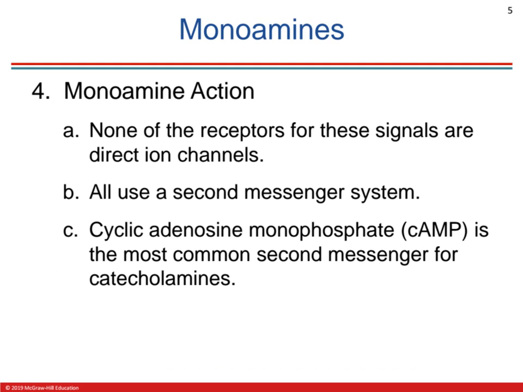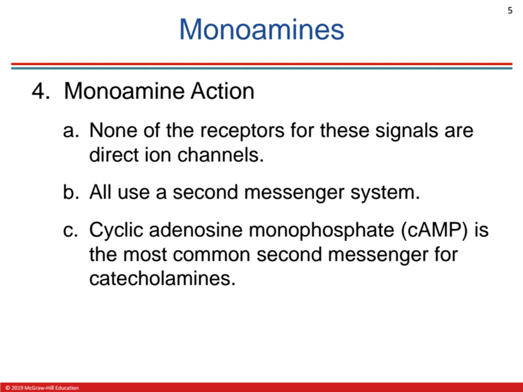Recall that previously when we talked about acetylcholine, there were two types of postsynaptic receptors. There were nicotinic acetylcholine receptors, and those were typically ligand-gated ion channels, meaning that two molecules of acetylcholine would bind to the postsynaptic receptor protein. The receptor protein itself was a channel.